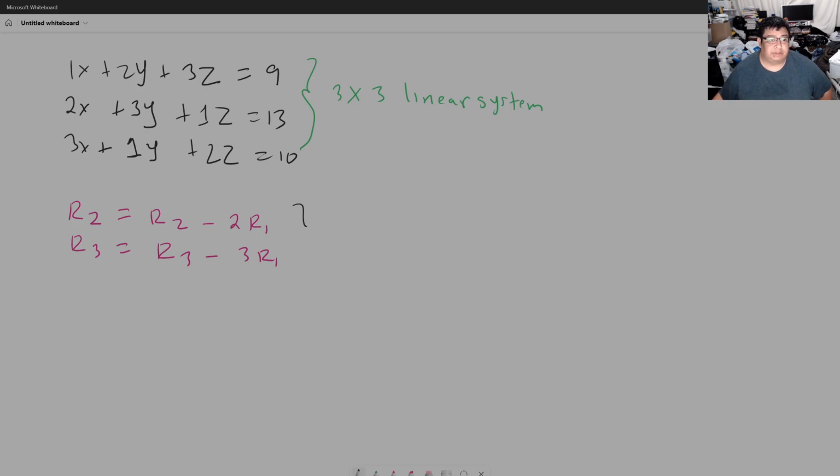So with this, we're going to get a new system. The first is going to be the same, plus 3z equals 9. And then we're going to do 2 minus 2x, that's going to be 0x, so we're not going to write it. Then 3 minus 2 times 2, that would be 3 minus 4, that would be minus y.